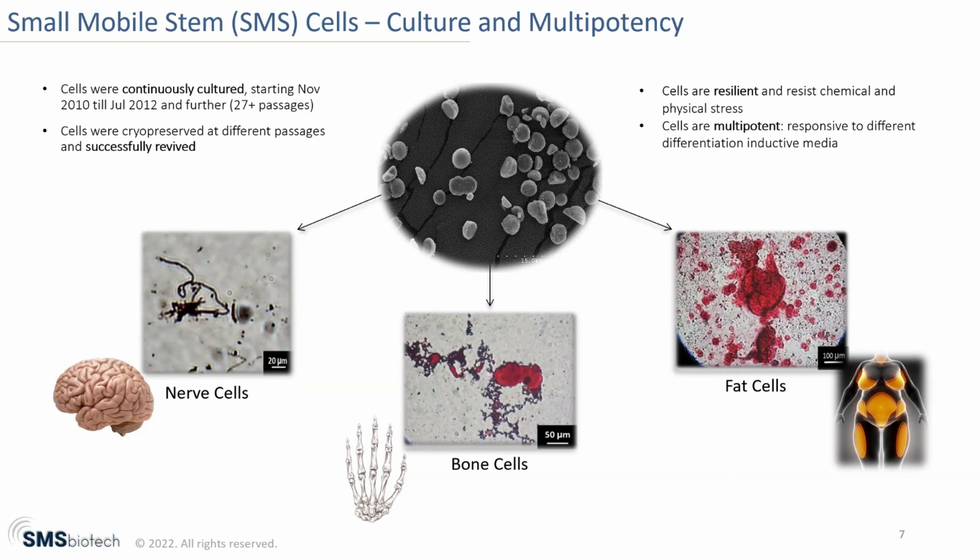It takes time for that to happen, but that really does not matter much with regard to the therapy that we are working on, because we rely on the interaction of SMS cells with other cells and not on their differentiation into other cell types.